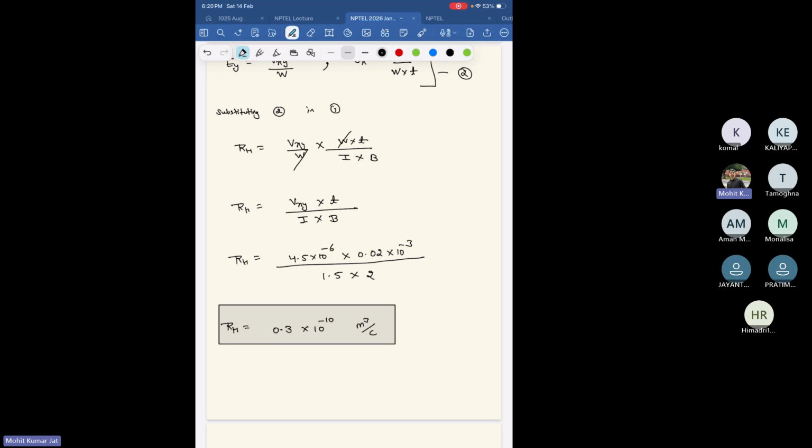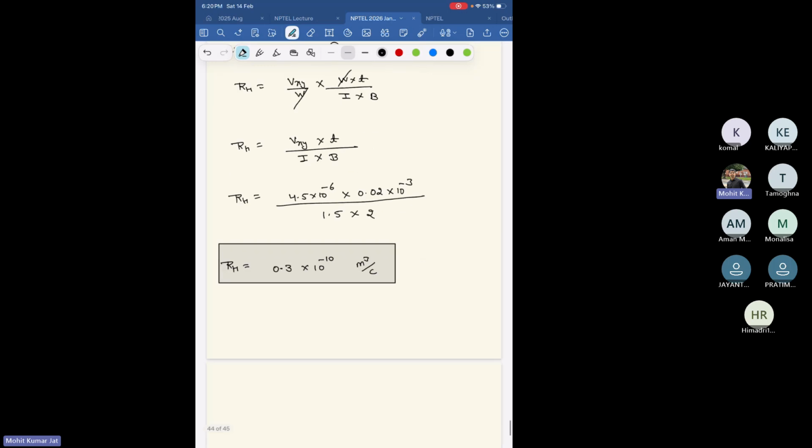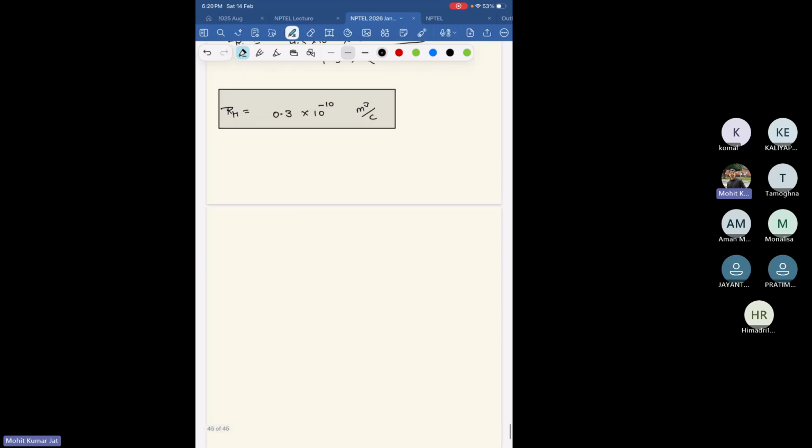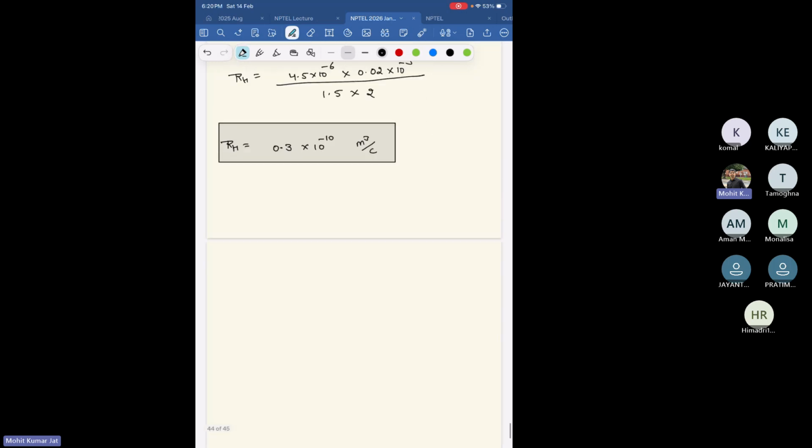And what do you get if you know the Hall coefficient? You can determine the carrier concentration. Let's say, for example, the next question is related to this only. So, in the same problem, determine the electron density.